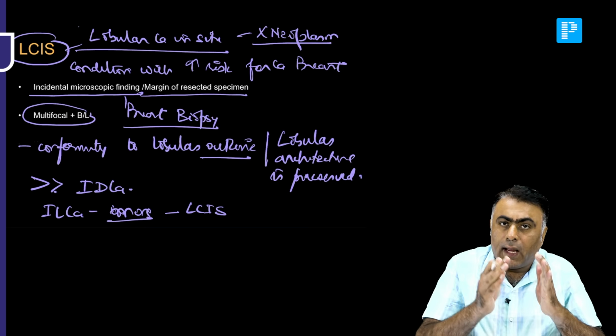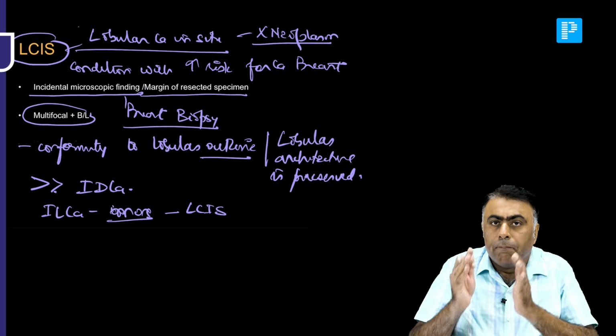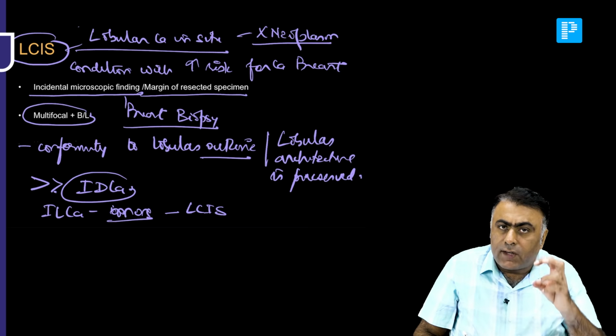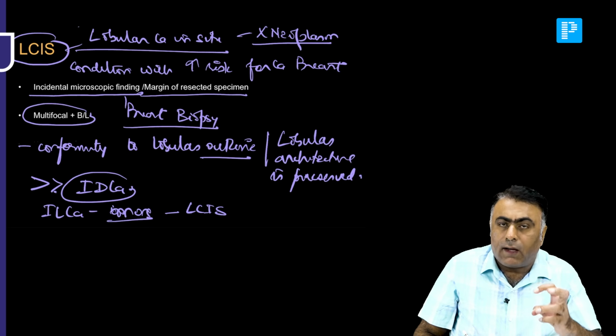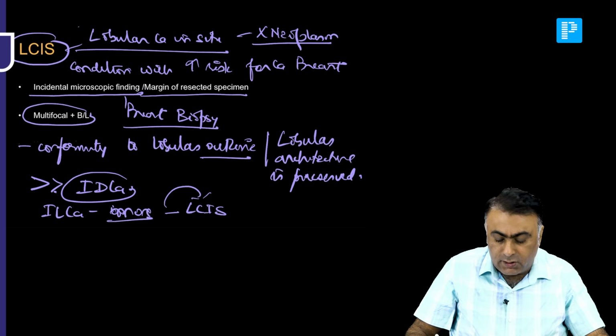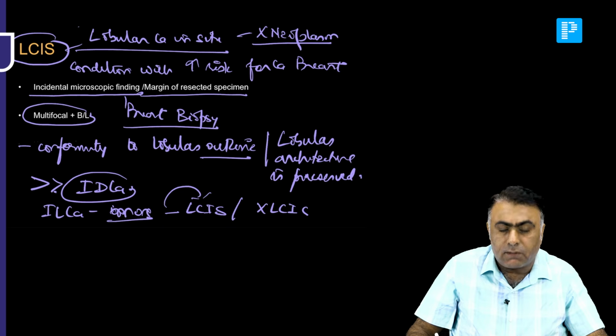So I'm repeating, it is a risk factor of breast cancer, more commonly leads to infiltrating ductal cancer, but the risk of infiltrating lobular carcinoma is also higher in patients having lobular carcinoma in situ as compared to patients who do not have it.